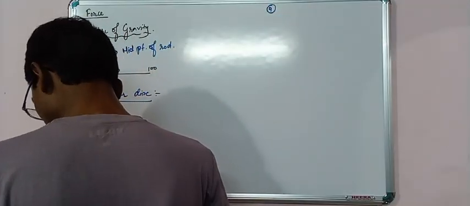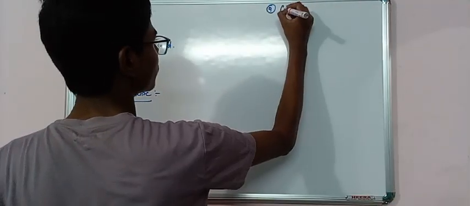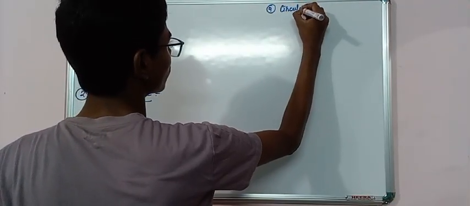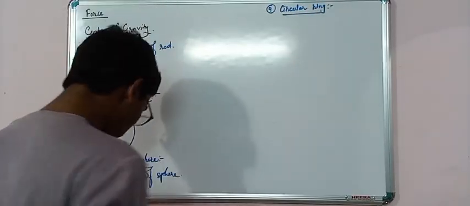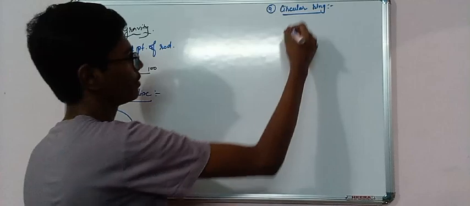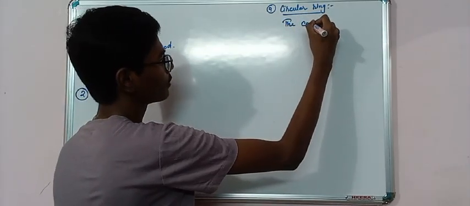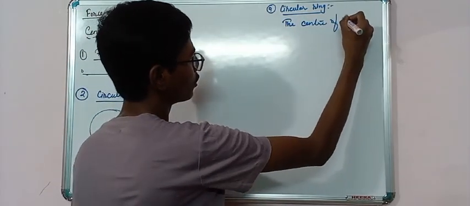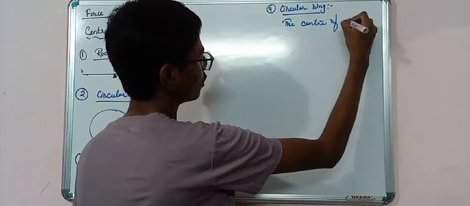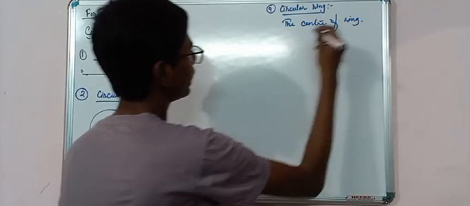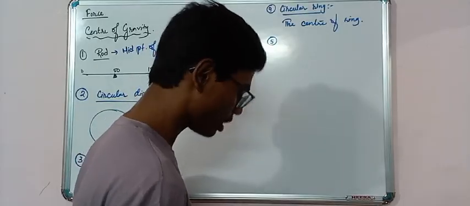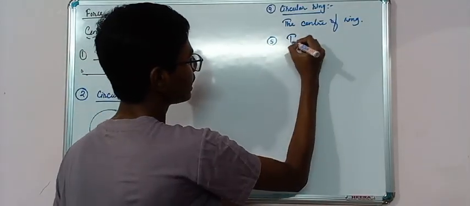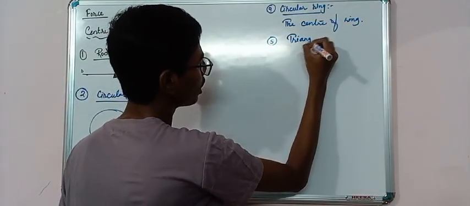Number 4 is circular ring. What about a circular ring? The center of the ring. Then comes number 5. Number 5 is triangular lamina, or scalene triangle. So I'm just writing triangle and explaining it.